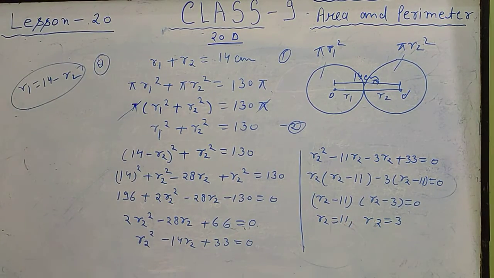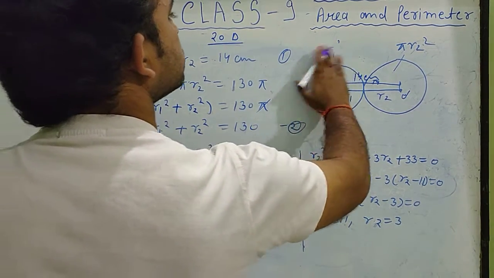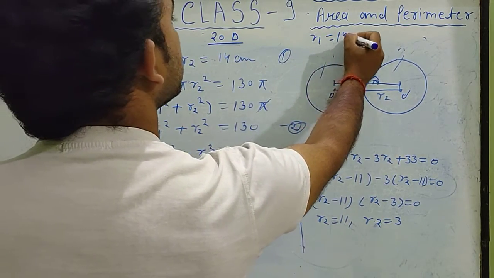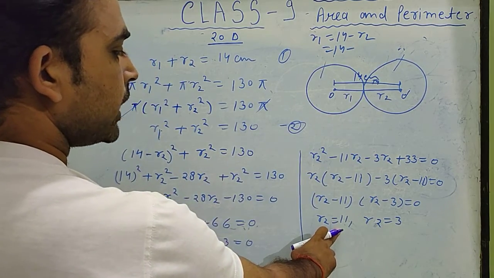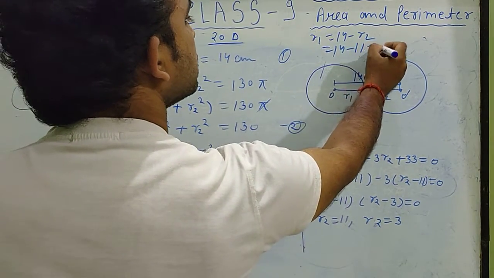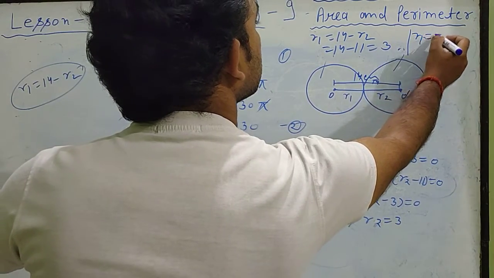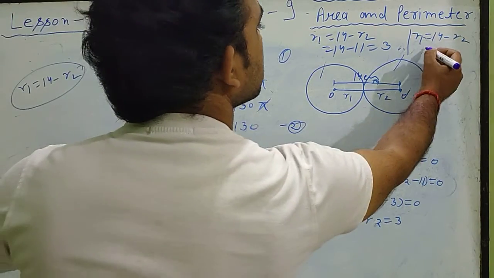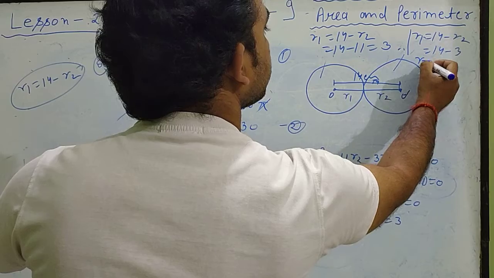Two values of r2. Now we find the value of r1. The equation is r1 is equal to 14 minus r2. The first value of r2 is 11, so 14 minus 11 is equal to 3. The second value of r2 is 3, so r1 is equal to 14 minus 3, which is 11.